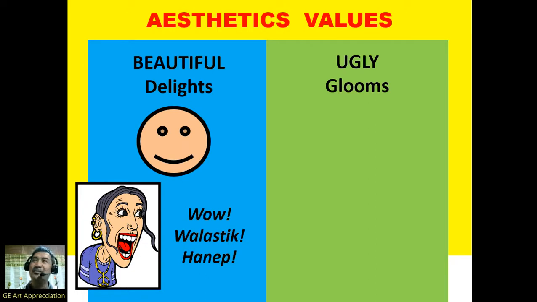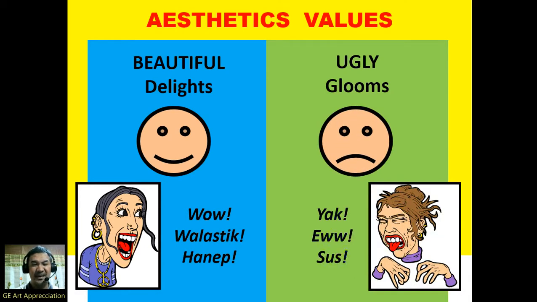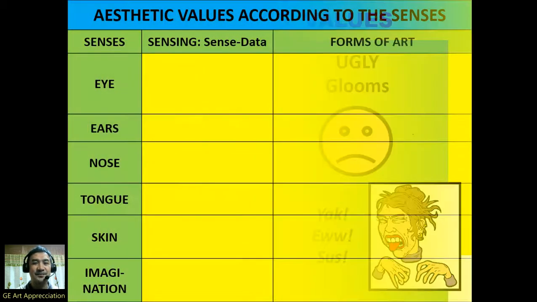Napaka-walastic ng painting na ito, hanep ng painting na to, sobrang ganda. But if it is ugly, then it glooms. Yak, pangit na painting, ew. So those are the common reactions if you see a painting which is ugly. So again, that is for aesthetic values.